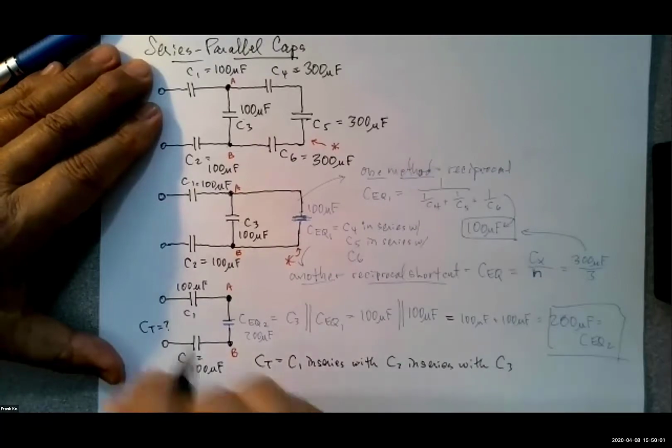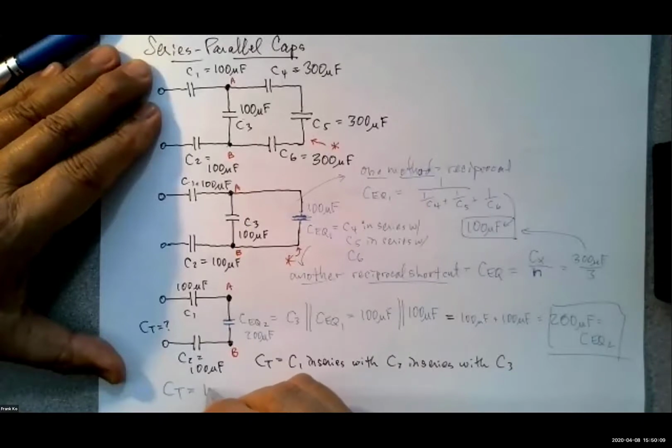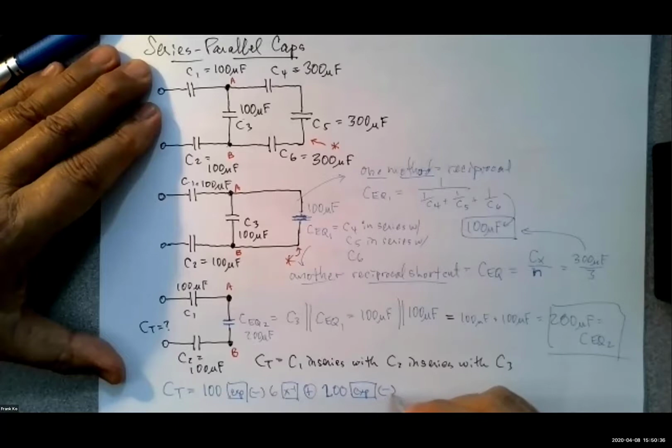All right, so CT is equal to 100 EXP negative 6 reciprocal, and we're going to add that to 200 EXP negative 6 and reciprocal, and plus 100 EXP, change sign, 6, reciprocal, equals, hit reciprocal one more time, and hit equals one last time.